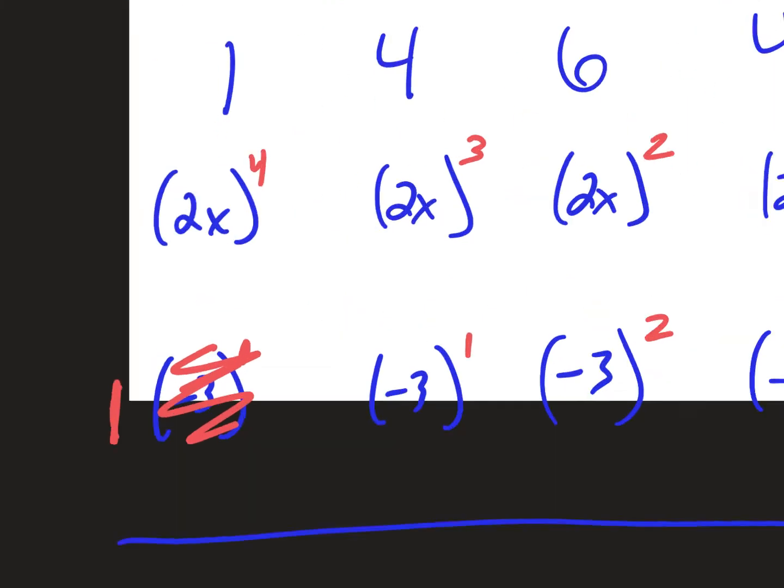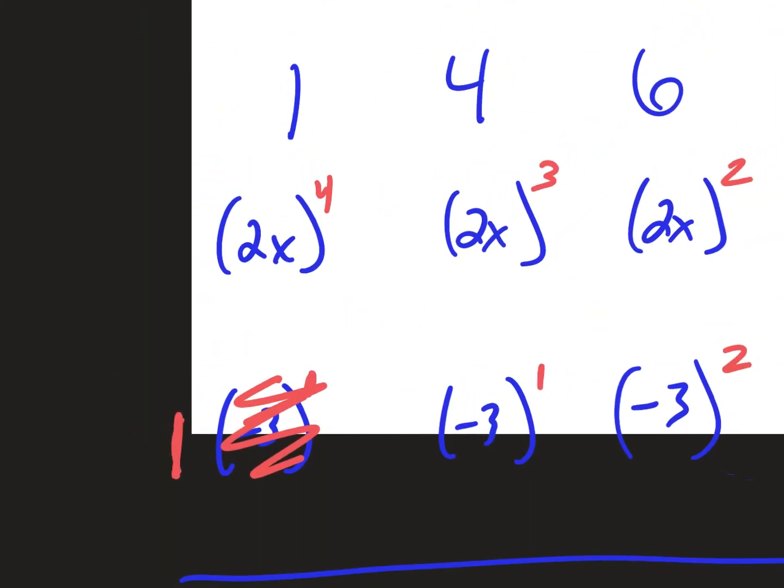Because guys, don't forget, I have 2x raised to the 4th power. This 4 goes to the 2 and to the x, correct? It's not 2x to the 4th. What is it? That 4 goes to the 2 and to the x. 2 to the 4th power, which is 16x to the 4th.